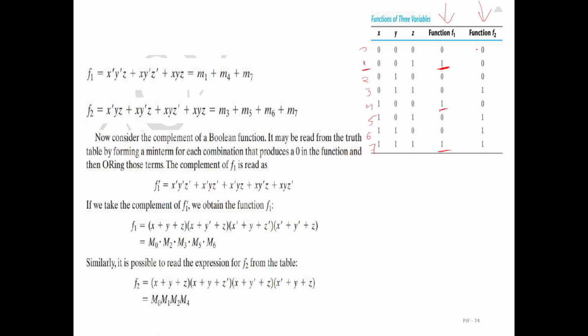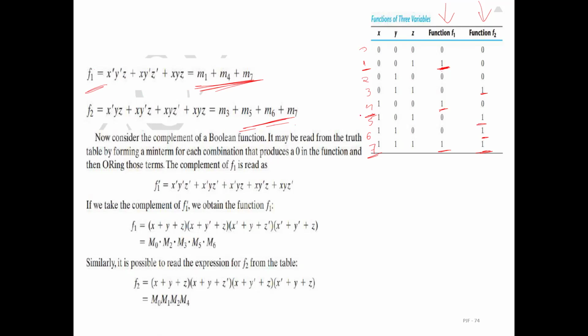For 1 it is true, for 4 it is true, and for 7 it is true. So the minterms are 1, 4, 7. And for function f2, 3, 5, 6, 7 it is true. So m3, m5, m6, m7 are the minterms for the function.